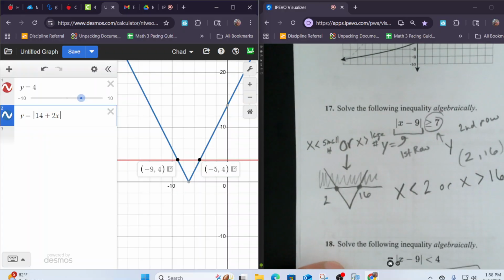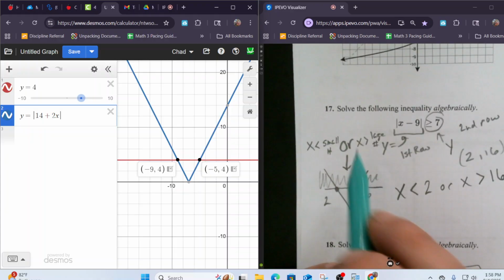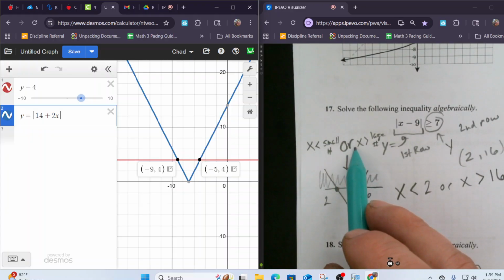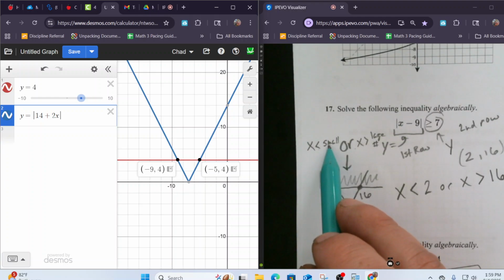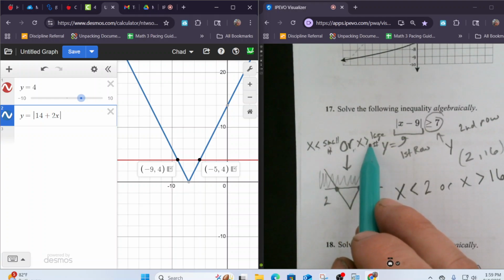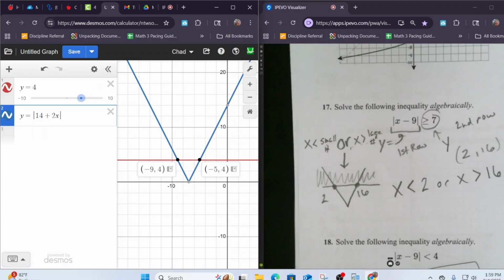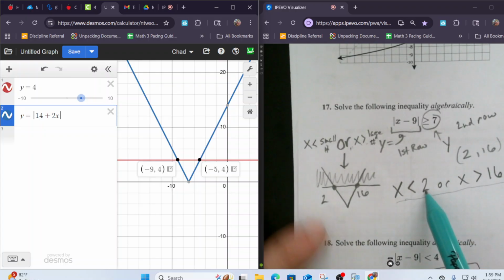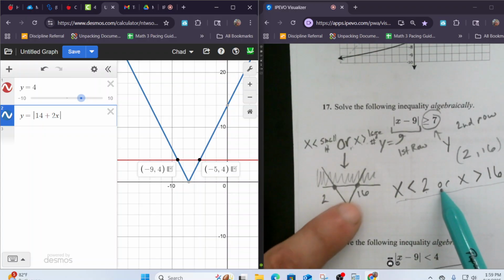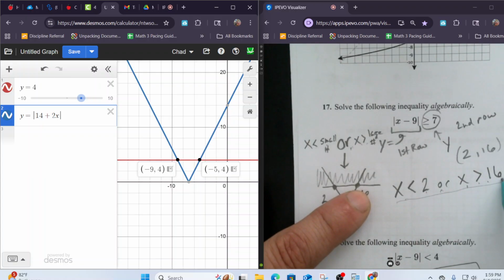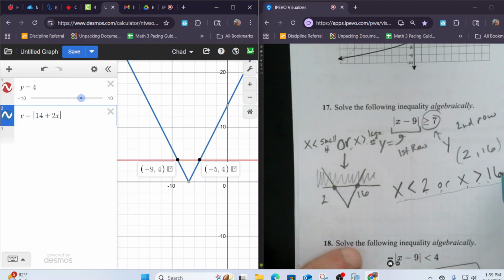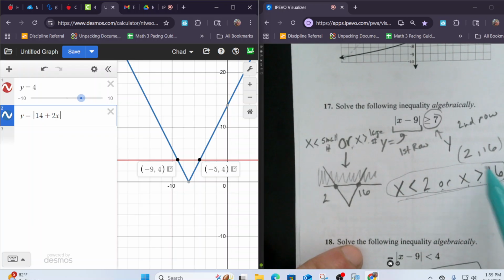Remember, if the legs are shaded, it's an or problem. Okay, it's x less than the small number or x greater than the largest number. So I did that here: x less than the small number, which is 2, or x greater than the larger number, which is 16. So that would be the answer for that one.